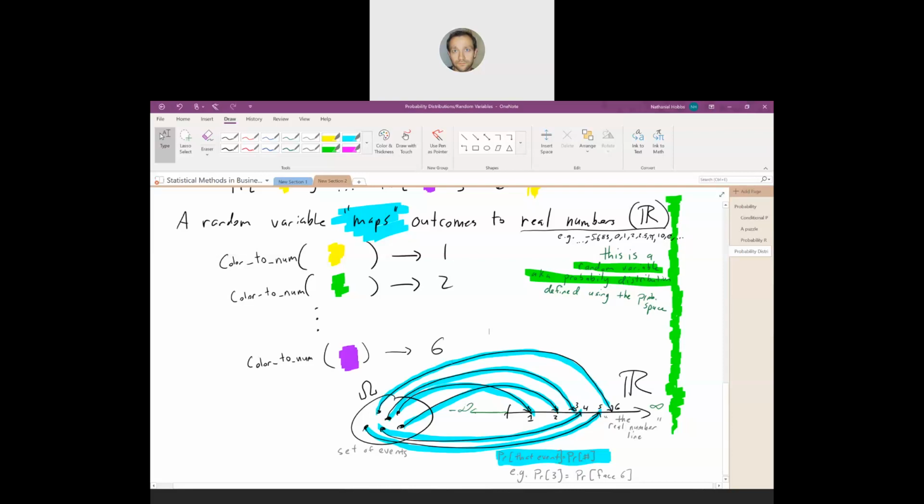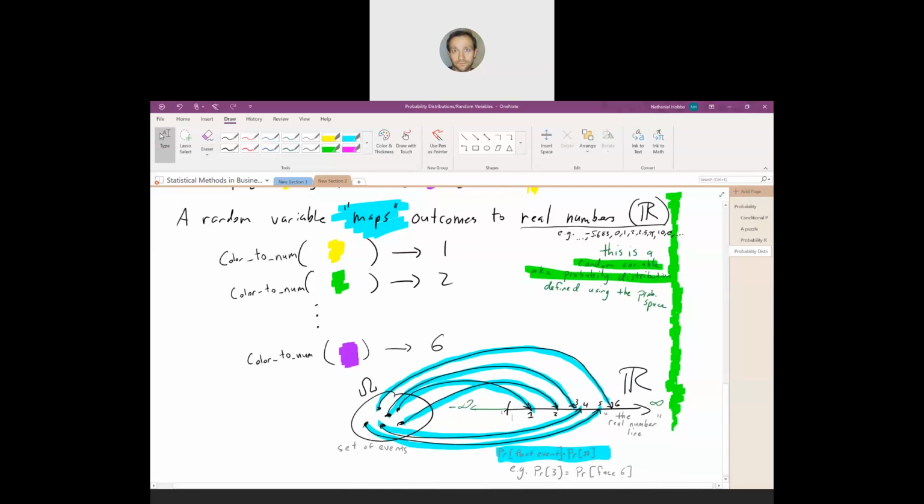The probability of 6 is 1/6. Everything is a probability 1/6. Why is the probability of 1 1/6? Well, if you go back along this arrow and you look at this event, it has a probability 1/6. So this also has a probability of 1/6. Okay?